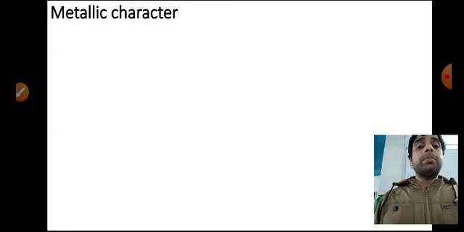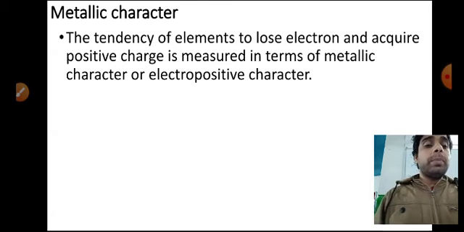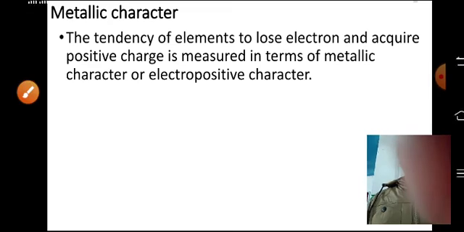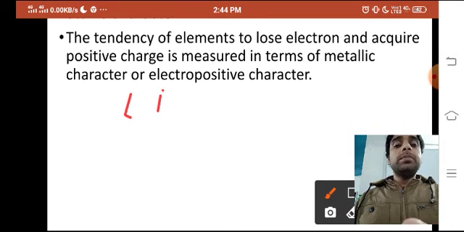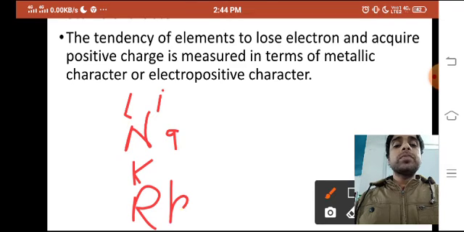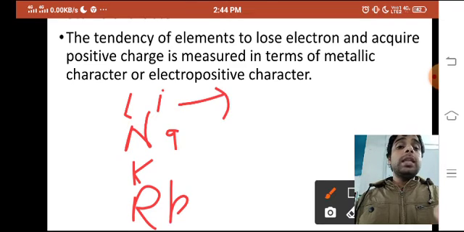Okay, then after that, metallic character. What happens to the metallic character? If I am going down the group, lithium, sodium, potassium, rubidium, you can see the shell size is increasing.